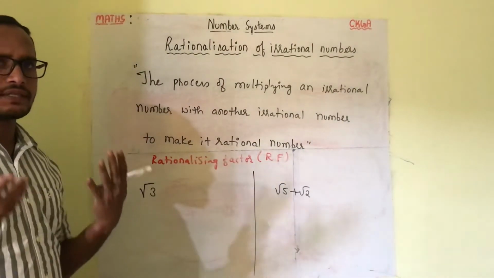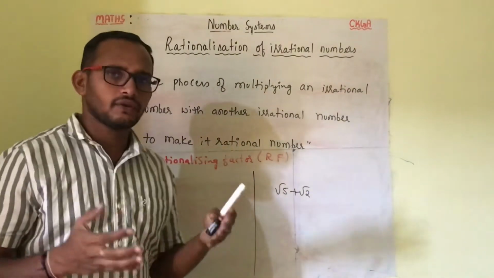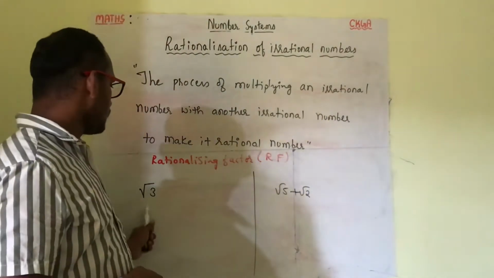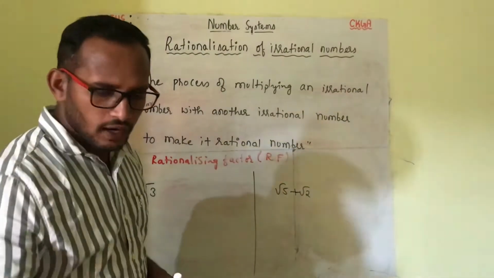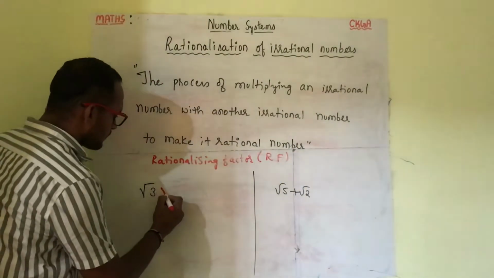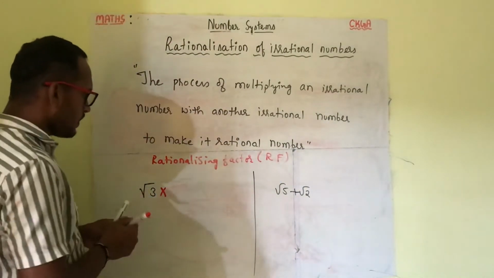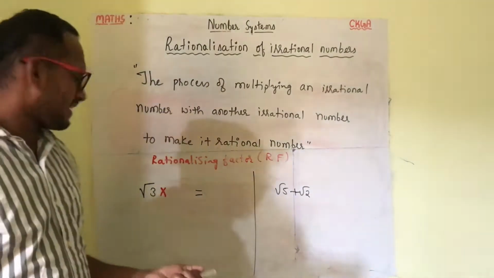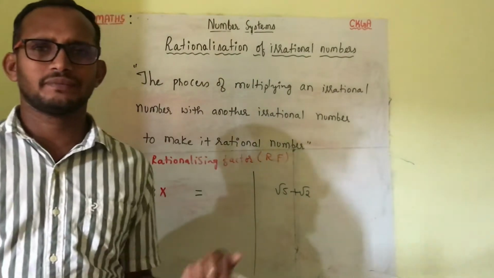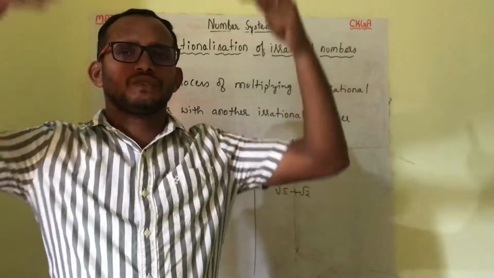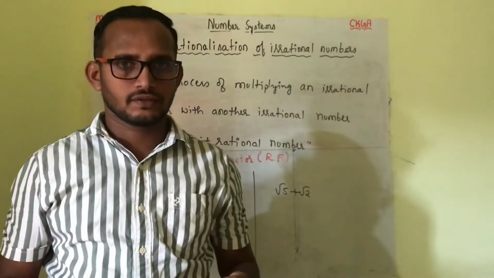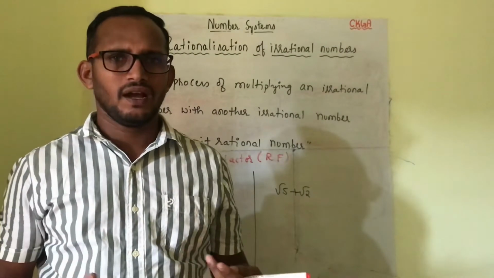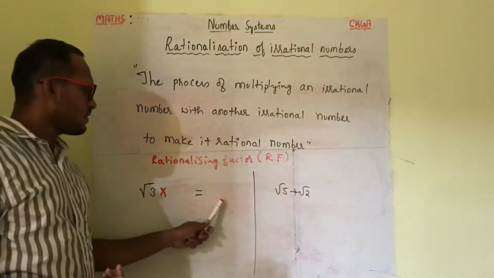Now we have to sit and think ourselves. I have the number root 3. What should I multiply with root 3 to make it rational? You can take any number from the number system, which has infinite numbers, and keep multiplying with root 3.